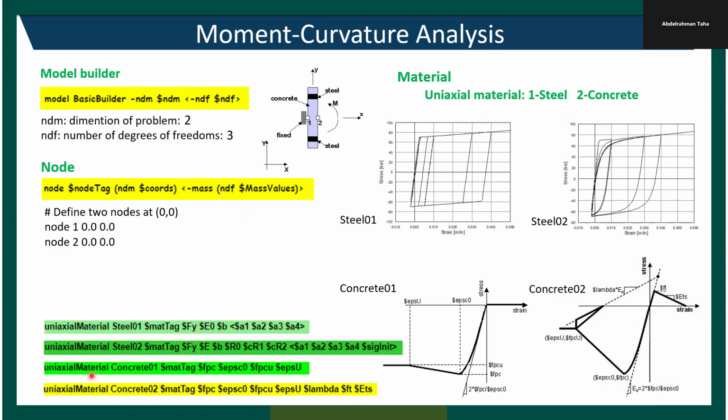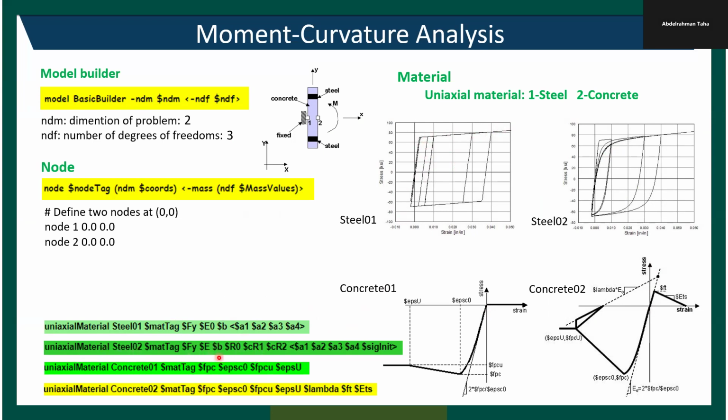Okay, this is how we define these different materials. For Steel01, we just need the yield strength, the modulus of elasticity, and b is the ratio between this stiffness and this stiffness. These are additional parameters that we can use, but they're optional.